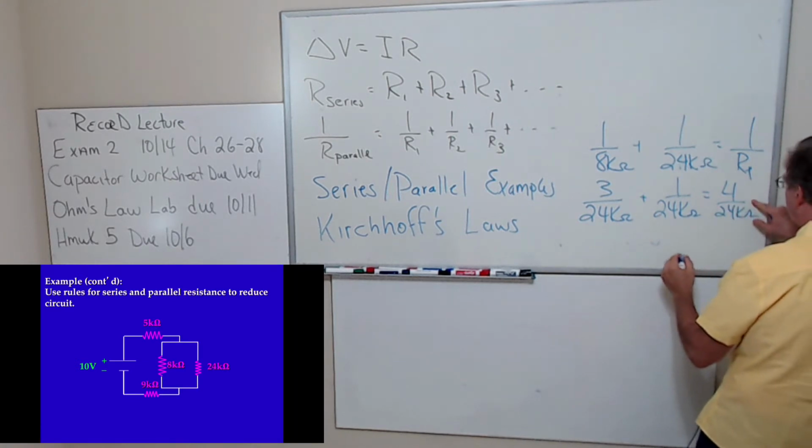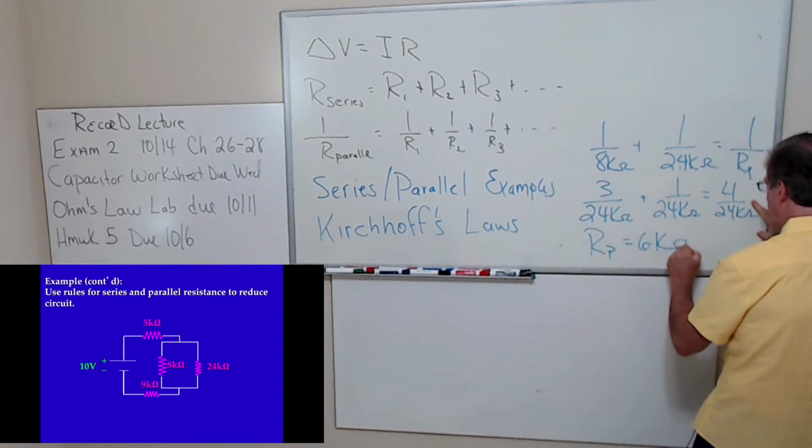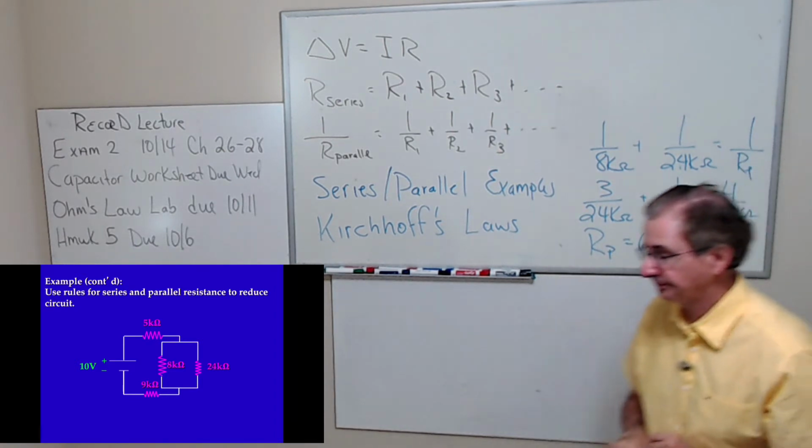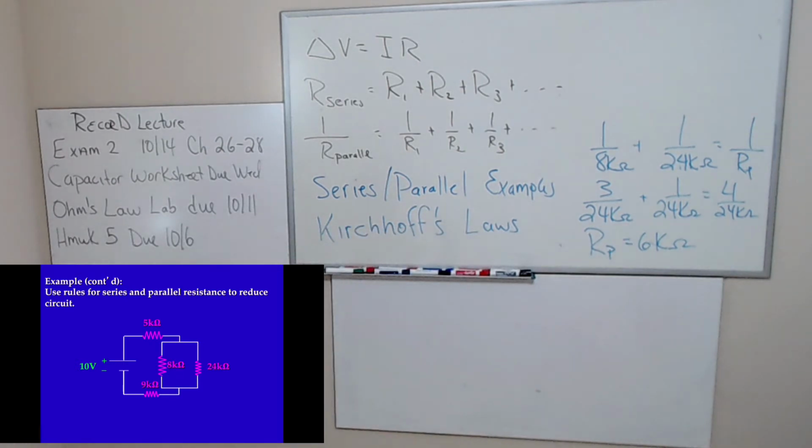I take the reciprocal of that, and I get 6 kilo ohm. So I replace those two with a 6 kilo ohm resistor.